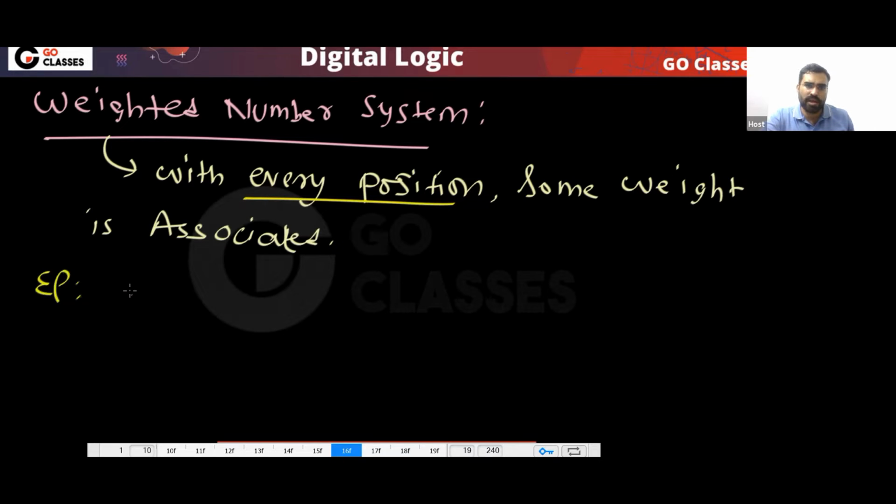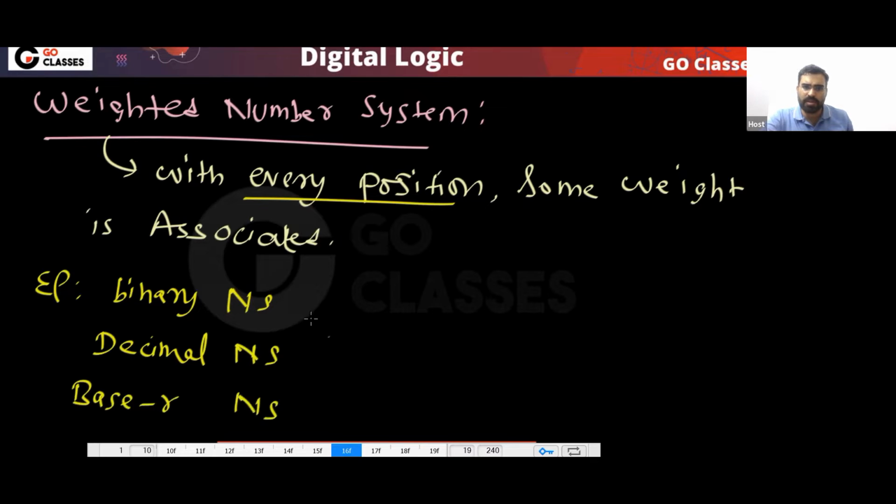For example, I can say the binary number system, the decimal number system, or any base R number system, where R is greater than or equal to 2. These are some examples.